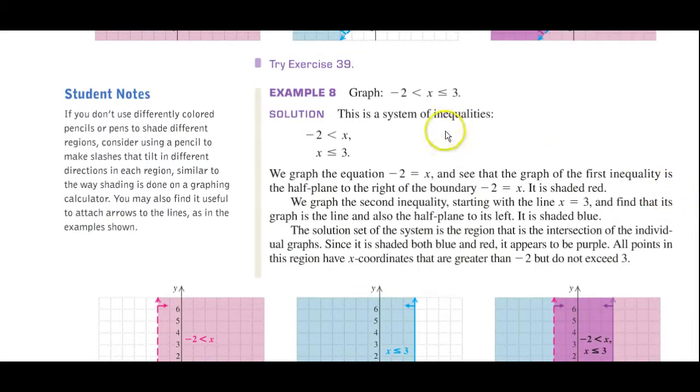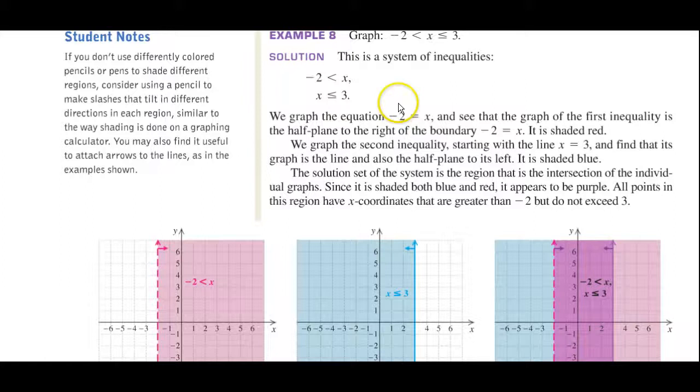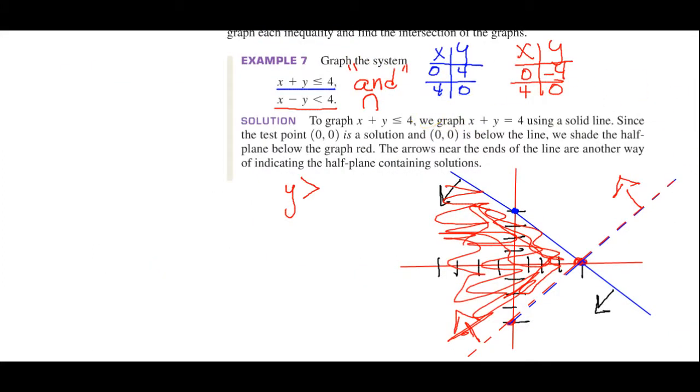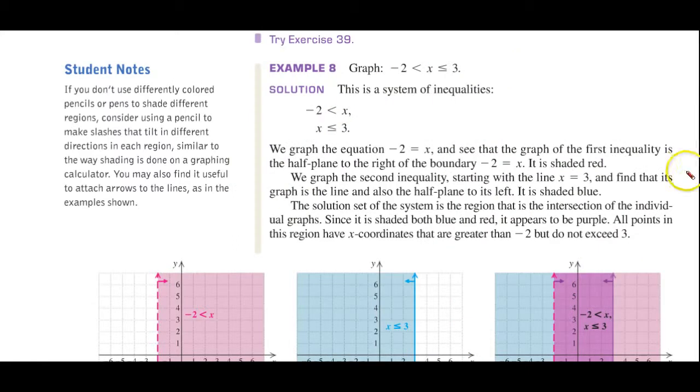Okay, now they're asking us to do this. And again, the way we graph that is we think of it as two inequalities. We will graph this section first, which is this much, and then we'll graph that one.